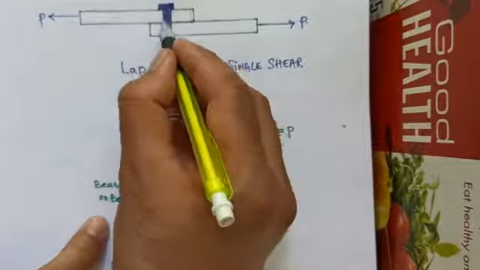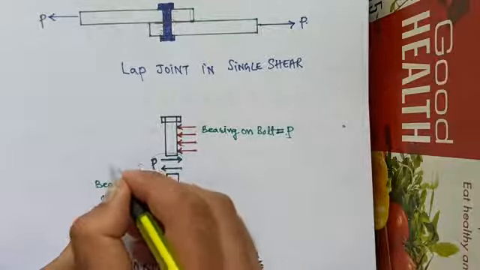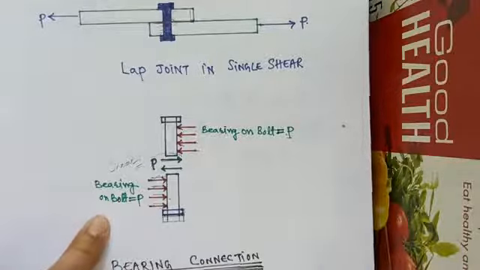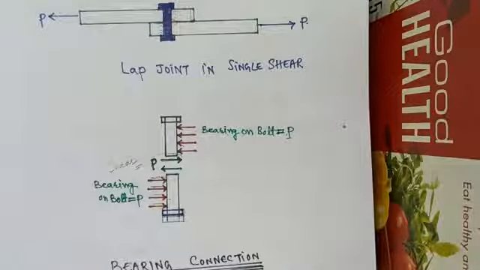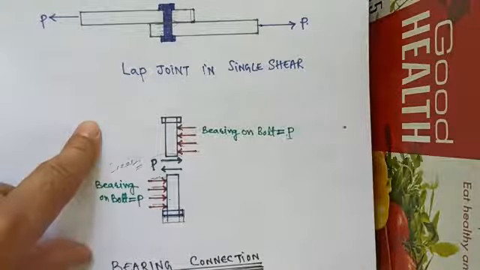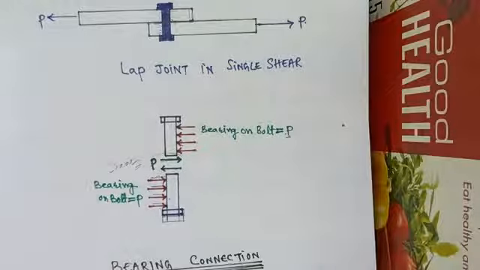So the section at this location will be subjected to shear force P. So the bolt in case of lap joints is in single shear. That is, the failure plane will be at the interface of the two plates.